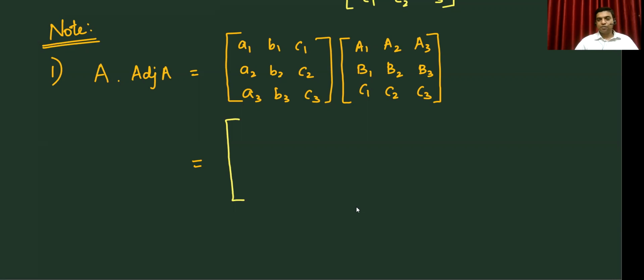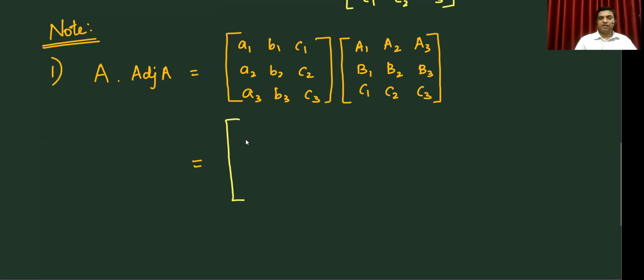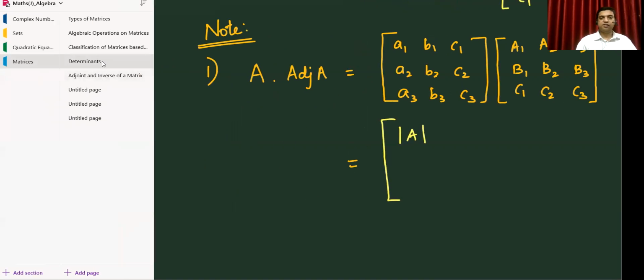Anybody can guess what this value is? Determinant. Very good. This is determinant of A. That's how we define determinants, isn't it?